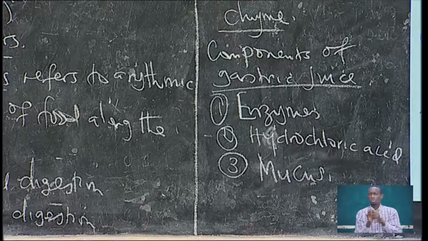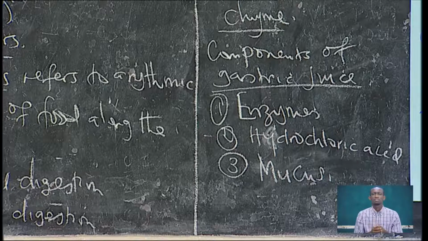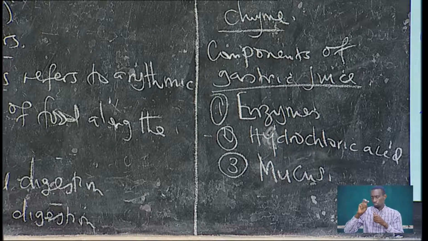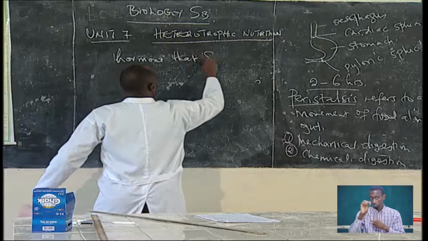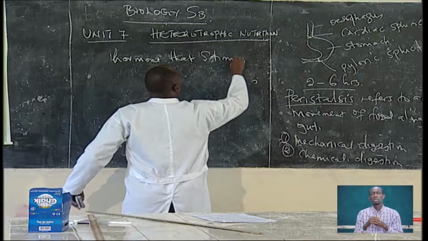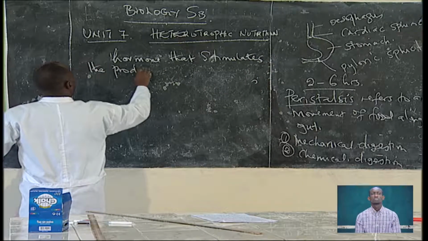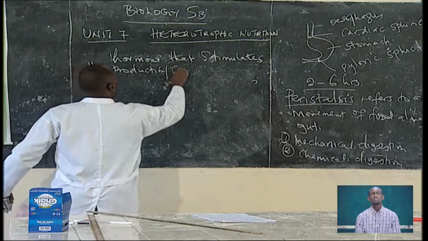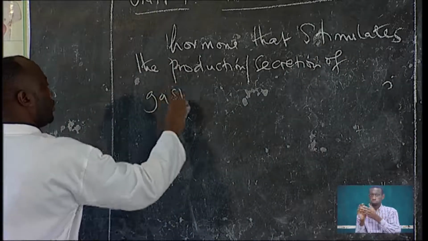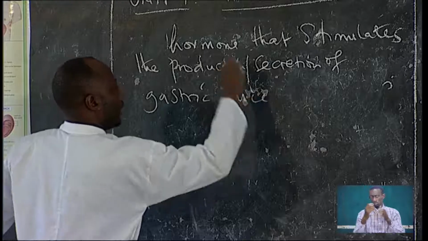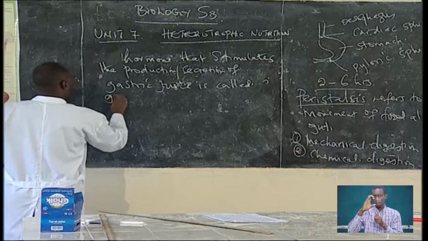Let's talk about some of the hormones involved. A hormone that stimulates the secretion of gastric juice is called gastrin. The hormone is called gastrin.